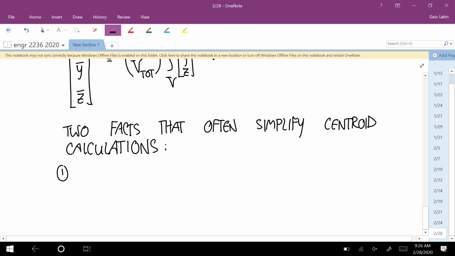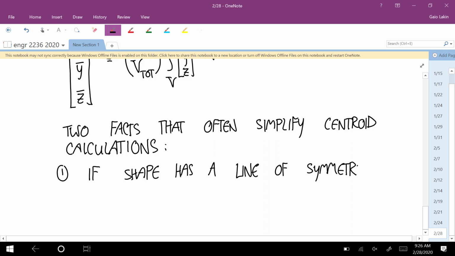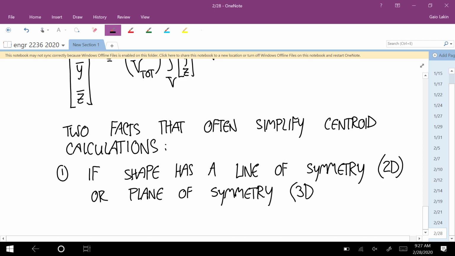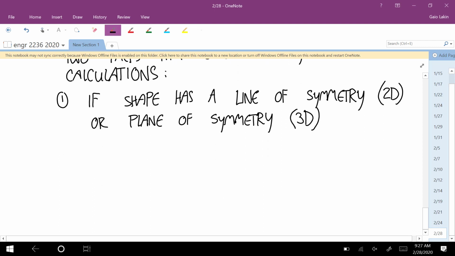The first one is, if the shape that you're interested in has a line of symmetry, that's if you're talking about 2D, or a plane of symmetry if you're talking about 3D, then the centroid has to lie on that line or plane.